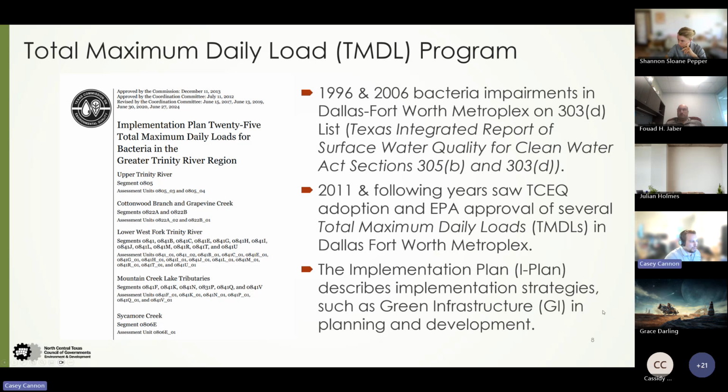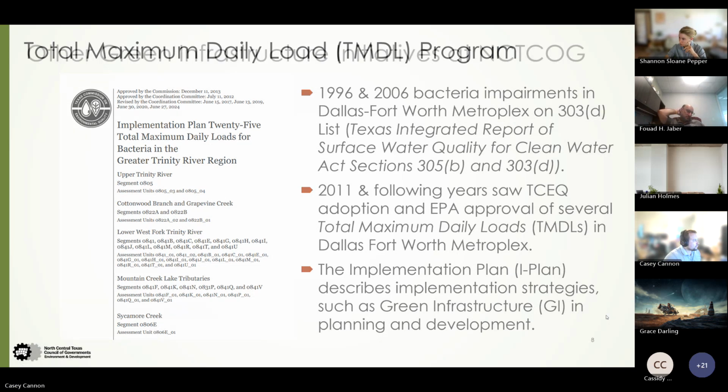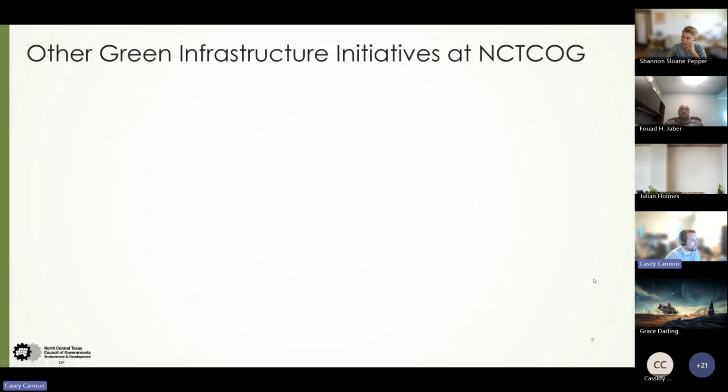Now, one thing we wanted to talk about was some of our other green infrastructure initiatives outside of our TMDL program here at COG.